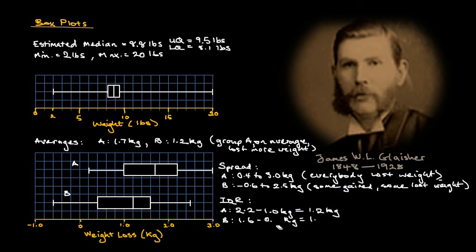Okay. So in fact the visual check there was very useful. I could see that they were the same length, so I knew that my measurement must have been incorrect. So 1.6 minus 0.4 gives us 1.2 again kilograms. So again, our comparison here is that the IQR, so the majority of the data, falls in the same range, and that range is the same.